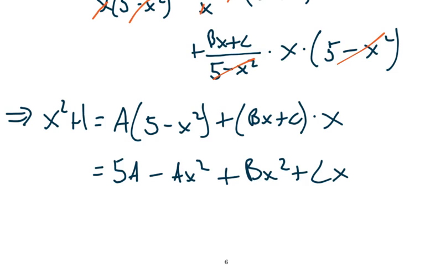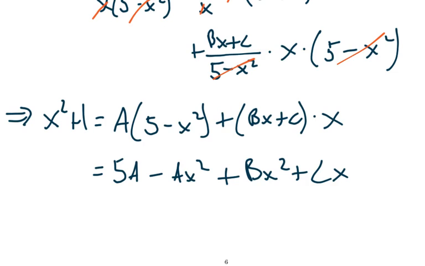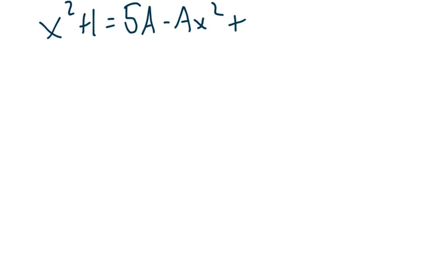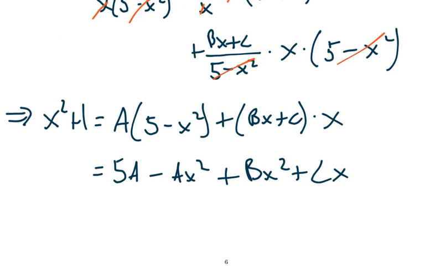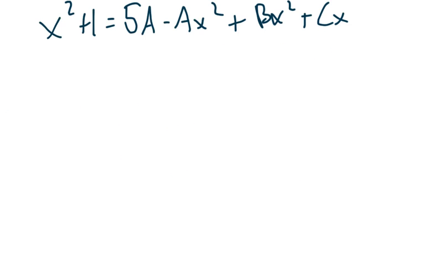Now, I'm going to put this on a new sheet. So really, this is what we have: x squared plus 1 is equal to 5A minus Ax squared plus Bx squared plus Cx. This might not be the way you're used to doing this, but this way always works.